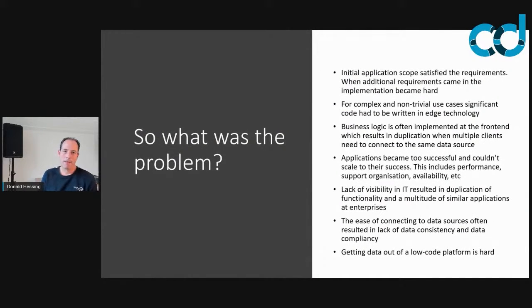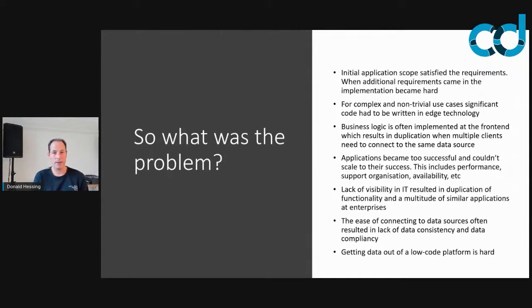Well, if you look at how these applications evolve, typically they started with a very small application scope that often satisfies the requirements with the tool. But then additional requirements came in, and the implementation became hard because the tool didn't support these edge cases.